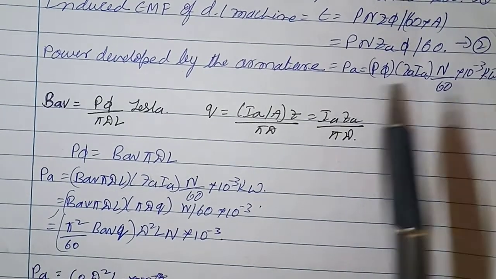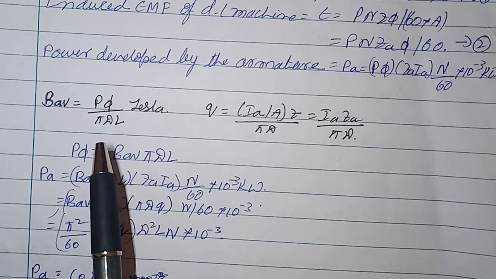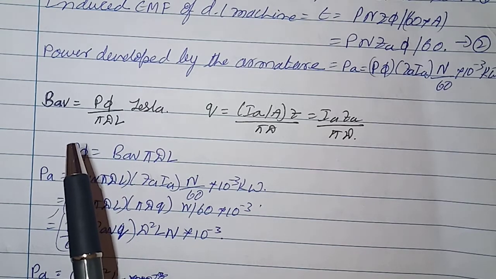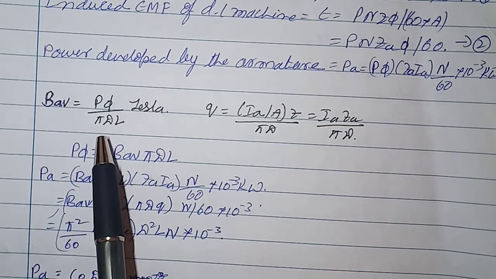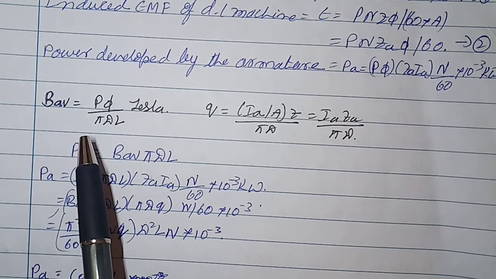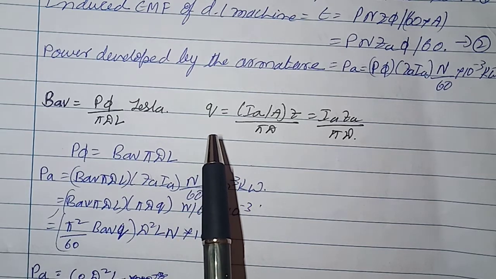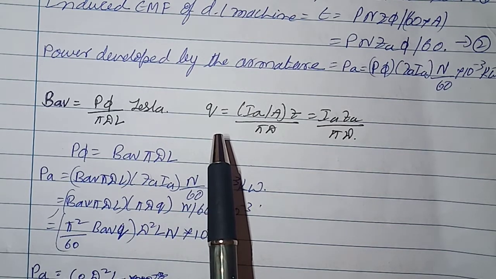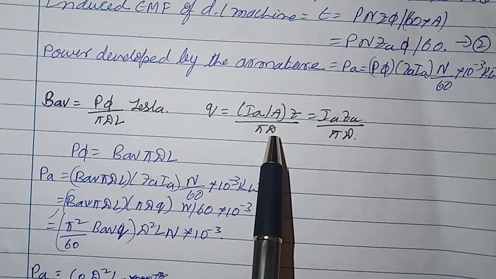Next we'll take the help of these two equations. Bav is the average flux density, and this is the specific magnetic loading, given by the equation Bav equals P phi by pi D L Tesla. And Q is the specific electrical loading, given by these relations.